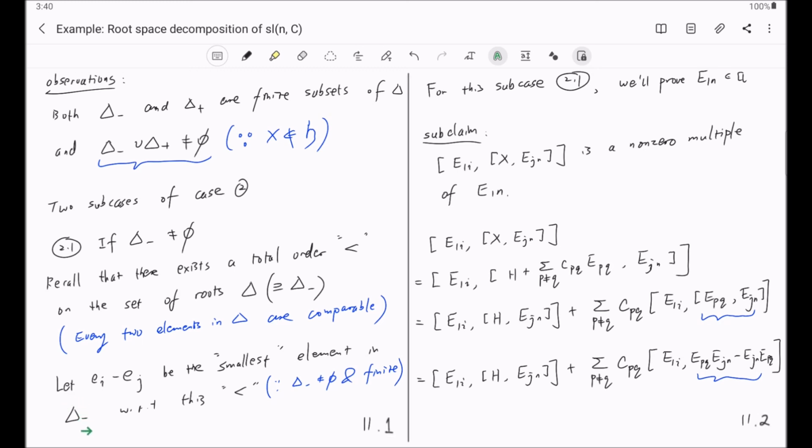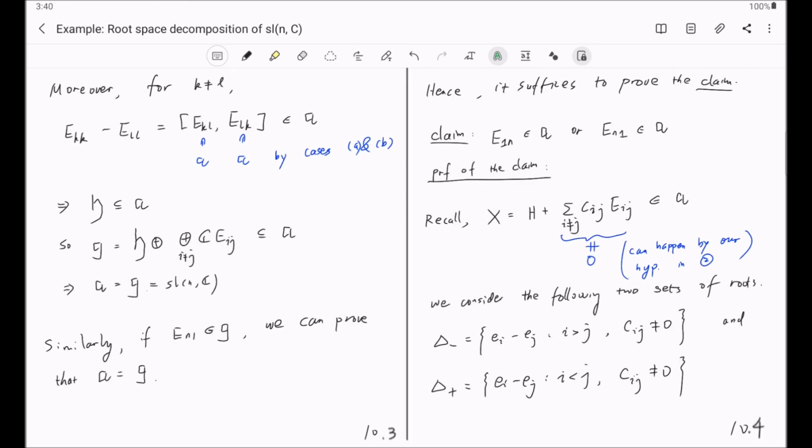And remember, the set delta negative consists of all the roots that are negative and the coefficients c_{ij} is not equal to 0 for the corresponding pair i, j.